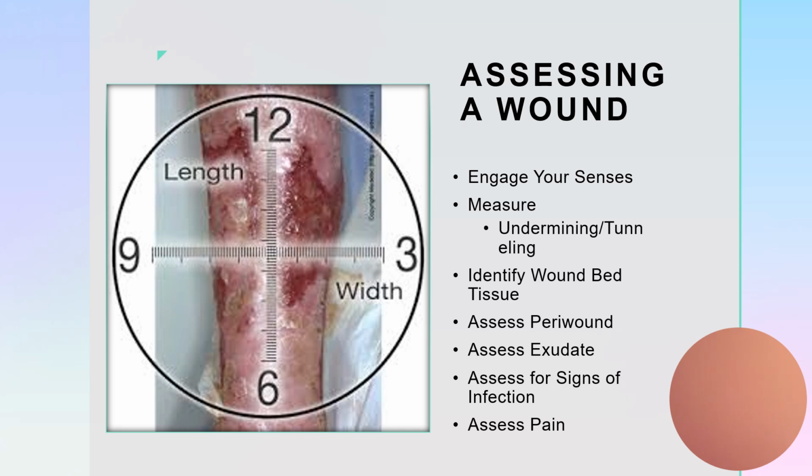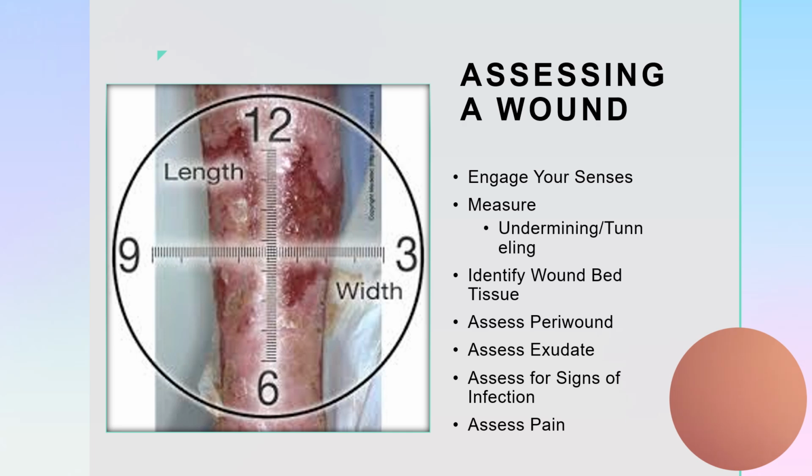We lay our thumb along the edge and then mark the cotton-tipped applicator with our thumbnail. Keep that thumbnail in place on the applicator, pull it out, then we measure the depth on the ruler. And wounds will always be measured in centimeters.